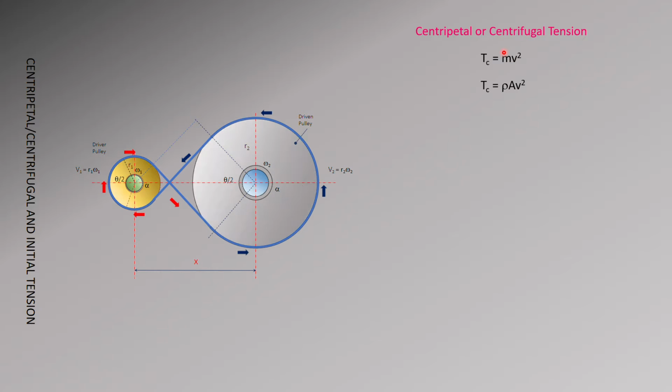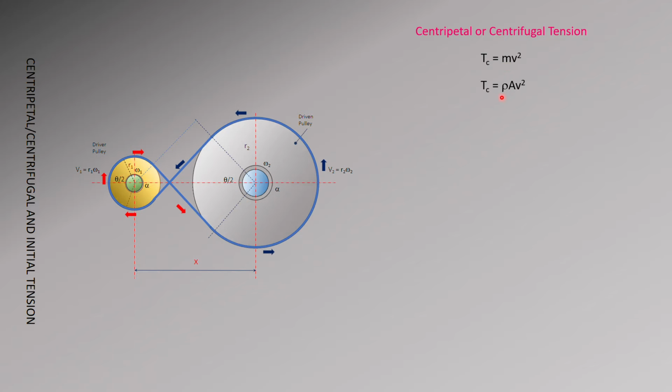It is kg per meter length of the belt, because a belt comes with its length. If you want to measure how much it is in kg, you must measure it with respect to 1 mm, 1 cm, or 1 meter. So that is why the mass of the belt here is expressed in kg per meter.